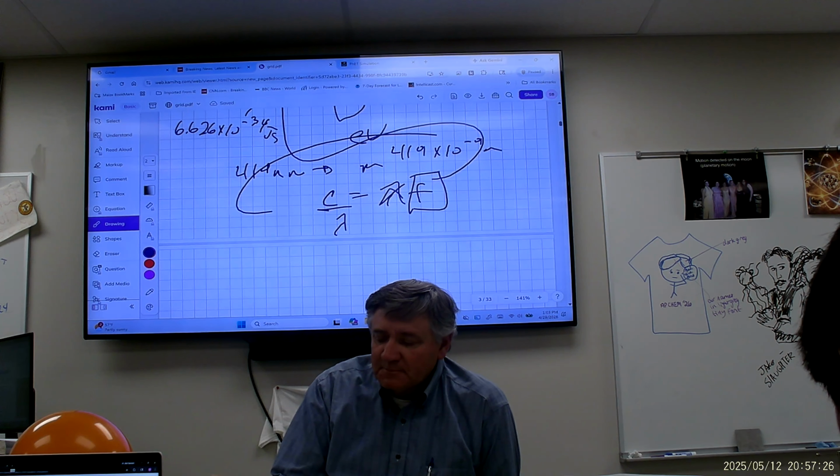If you take Planck's constant in electron volts and multiply it by the speed of light, this is where you get that 1242 electron volt nanometers. Now all you have to do is take that number and divide it by the 419 nanometers, and then you just get electron volts.